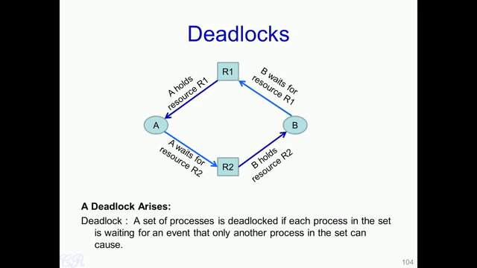For example, A is waiting for B to release this particular resource R2, while B is also waiting for A to release the resource R1.